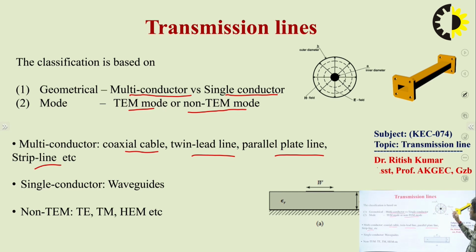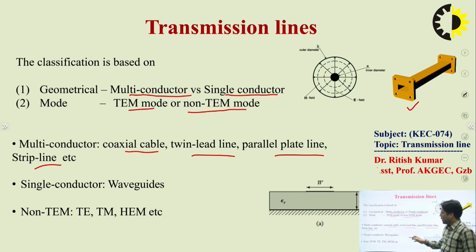So we have more than one conductor, the inner conductor and the outer conductor. We can characterize this as a multi-conductor transmission line, while in the case of single conductor, we have a transmission line such as a waveguide. You can look here, this one is a waveguide which is made using only a single conductor. That's why we call this a single conductor based transmission line.